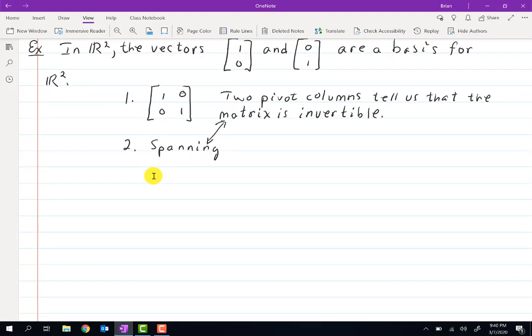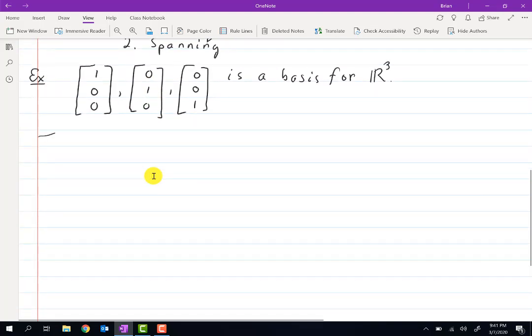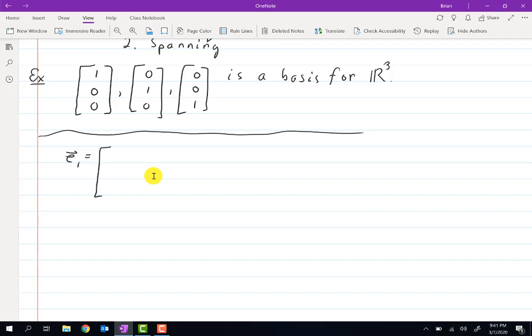In a similar fashion, (1, 0, 0), (0, 1, 0), (0, 0, 1) is a basis for R3. In fact, in these two examples, let me maybe do it here. E1, they actually have names. These vectors are so important.